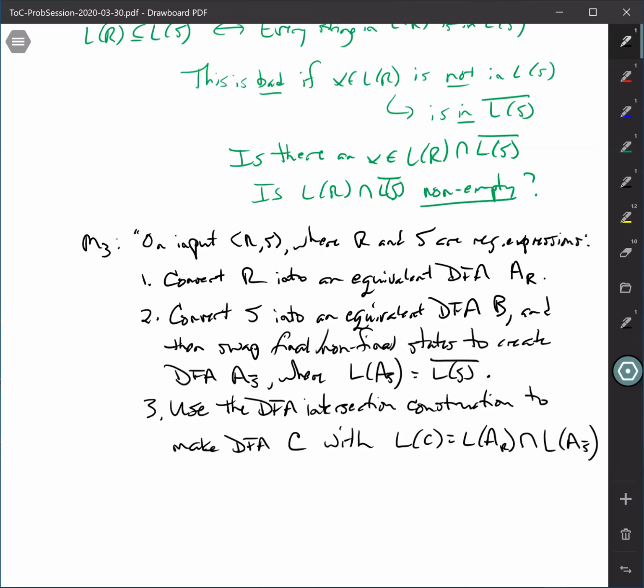So now we create a DFA for the intersection of the DFAs that we created in steps 1 and 2.